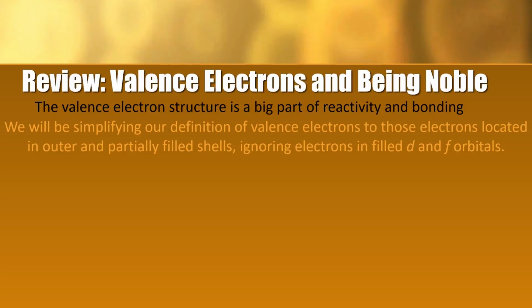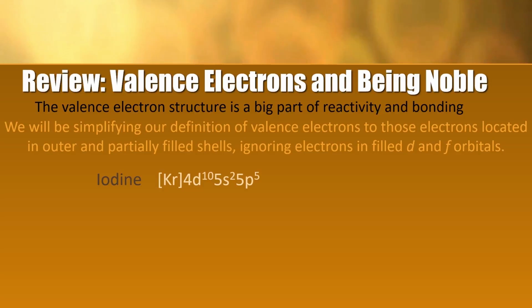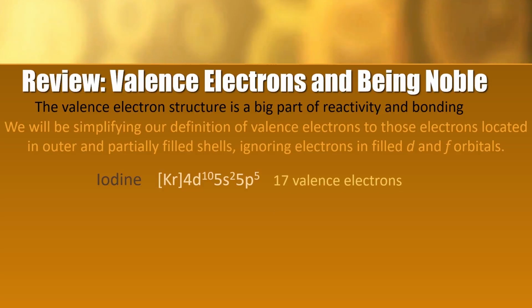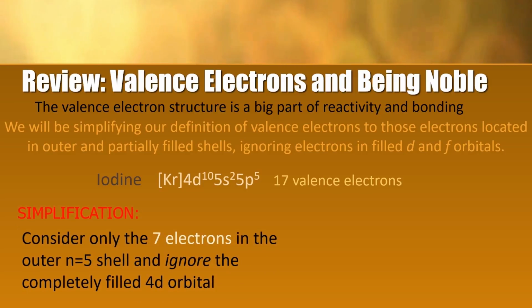For example, we know that for iodine the electronic structure is krypton 4d10 5s2 5p5. And it would formally have 17 valence outer electrons, but for the sake of simplifying our bonding picture, we will only consider the 7 electrons in the outer n equals 5 shell as the valence electrons, and ignore the electrons in the filled 4d orbital.